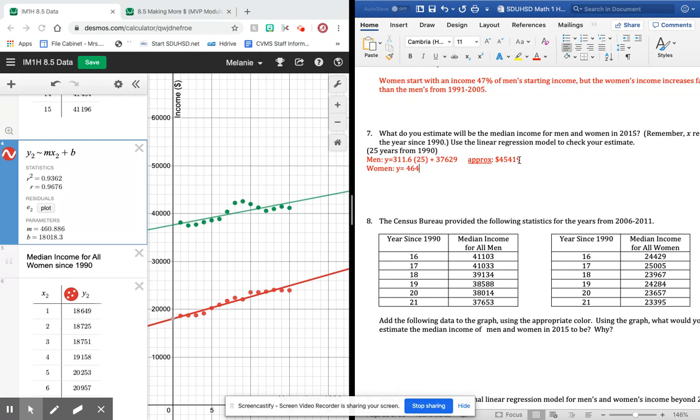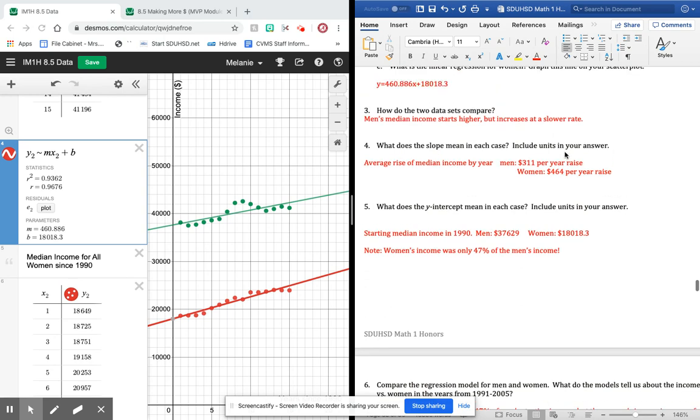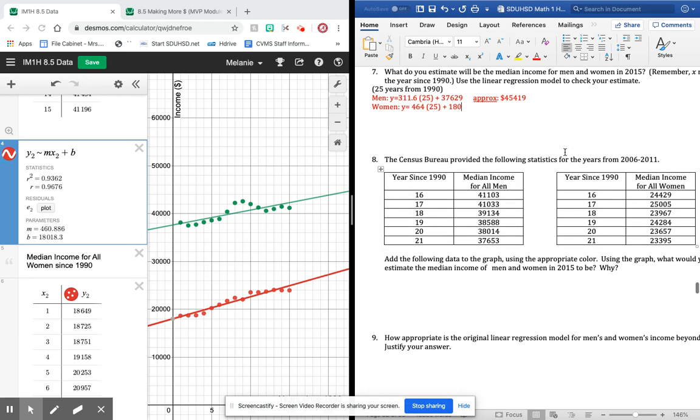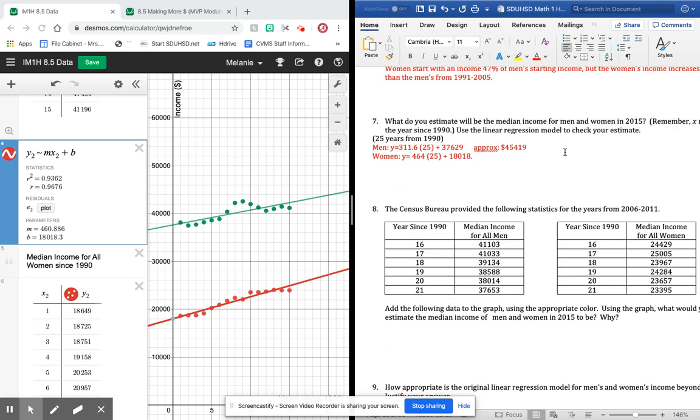That was 464x, but instead of x, I'm going to put 25, plus 18,018.3. So if theirs keeps growing at the same rate, then they're going to make approximately $29,652 in 2015.